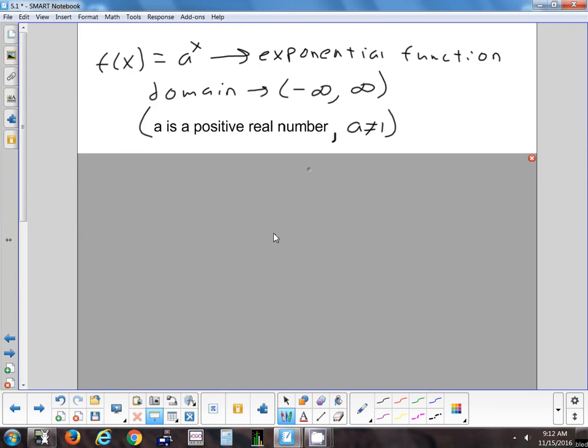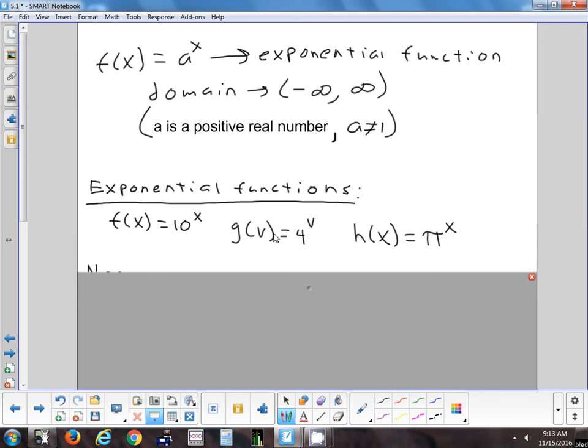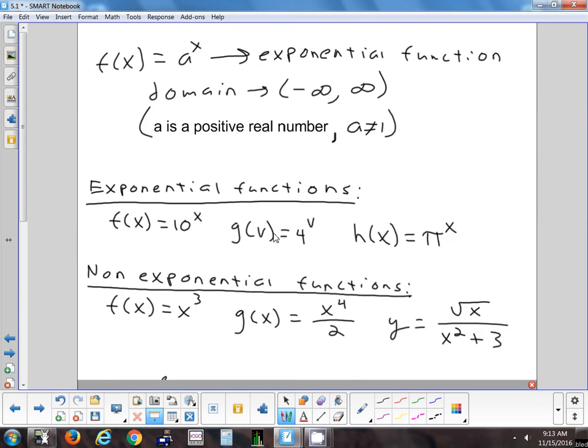Again, make sure for an exponential, a is a positive real number, and it can't be equal to 1. So these are all examples of exponential functions: 10 to the x, 4 to the x, pi to the x. As long as you've got a base that's not 1 and it's positive, you're good. These are not exponential functions. The first one is a cubic polynomial.